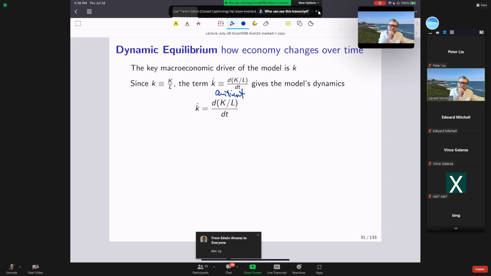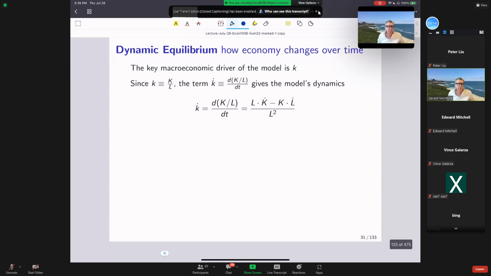Just looking to see if everybody's with me. Good. So I'm going to take this derivative here. Notice the dots. There's the denominator squared part right here, because L is in the denominator.